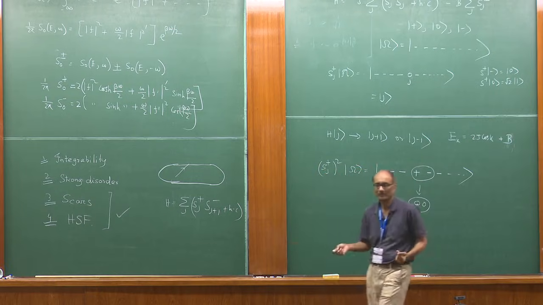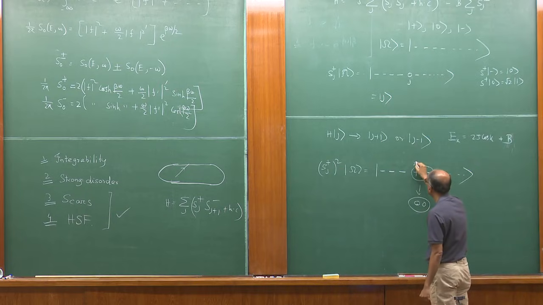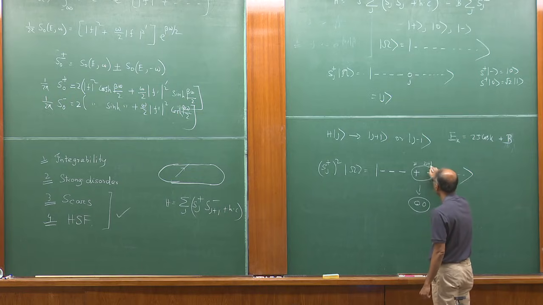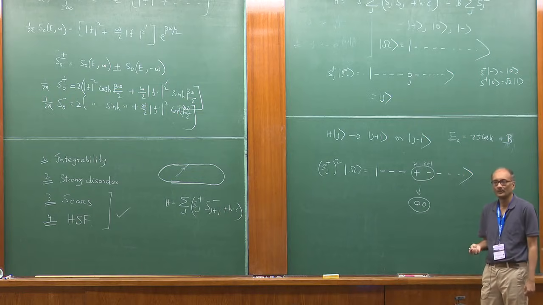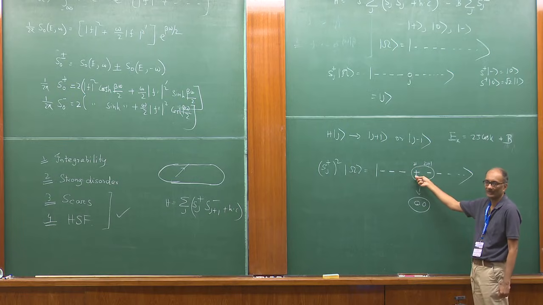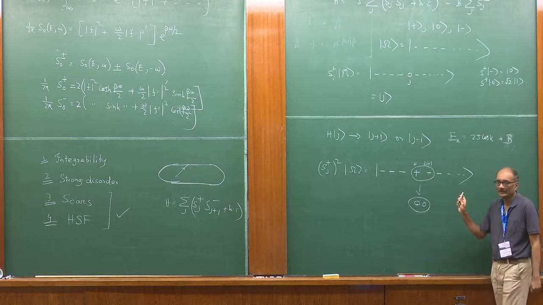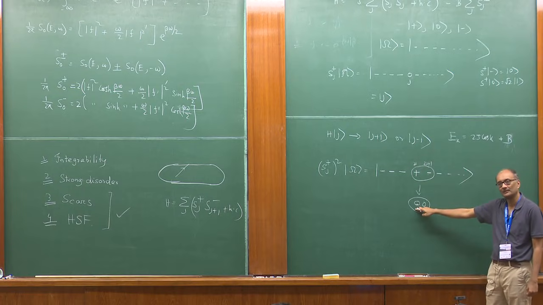It doesn't matter. I can create it anywhere, but I can have a thing where this is 2j and this is 2j plus 1. But I could have done this the other way also. I could have created a plus sign at, let's say, 2j plus 1, and then the minus would be at 2j minus 1. Either way, the action of h plus on this is going to give me a 0, 0.